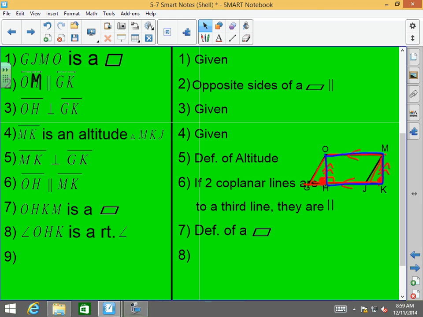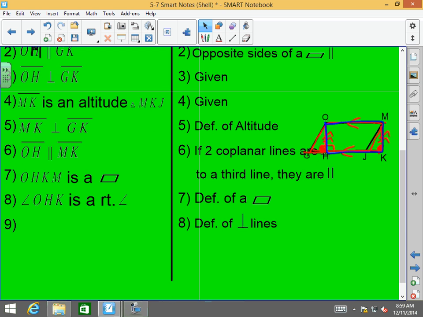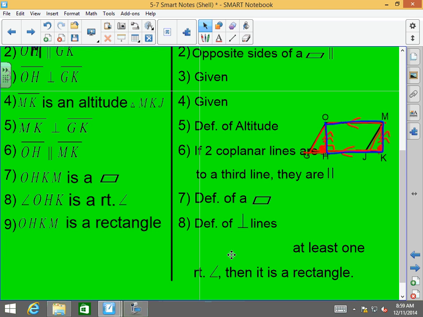Then I know that angle OHK is a right angle. Definition of perpendicular lines. We already proved that that was a right angle. And if I have a parallelogram with one right angle, what kind of a quadrilateral is it? Boom. Definition of rectangle. If a parallelogram contains at least one right angle, then it is a rectangle.